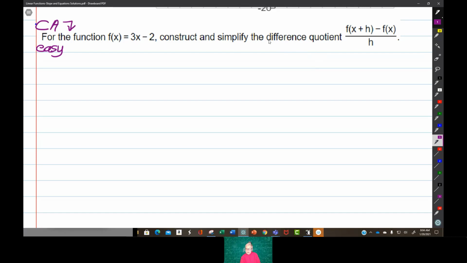This monster is called the difference quotient. Students always hate it. Well, just about everybody hates it. Yeah, but it's a real deal, and it's very important. H is a number. A very little number.